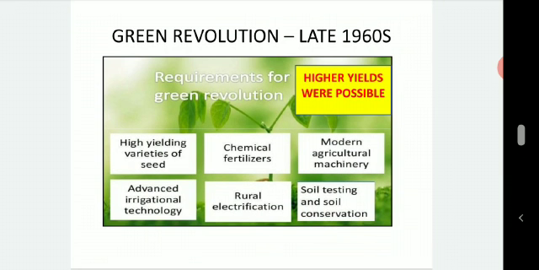They started using chemical fertilizers, advanced irrigation technology, and rural electrification also came into help. They depended upon soil testing and soil conservation, and they used modern machinery. Because of this, the best part is that the yield increased. A greater amount of grains grew on a single plant.